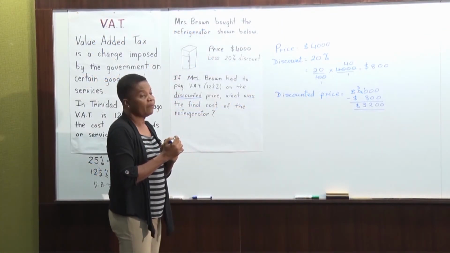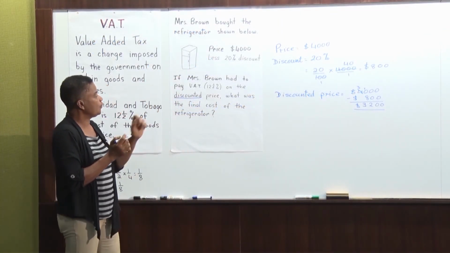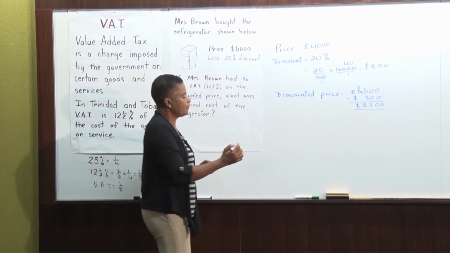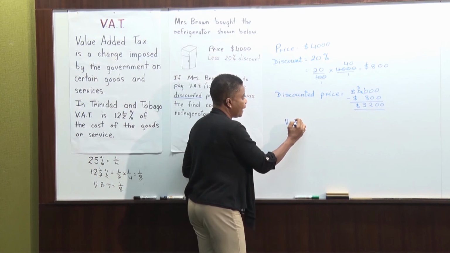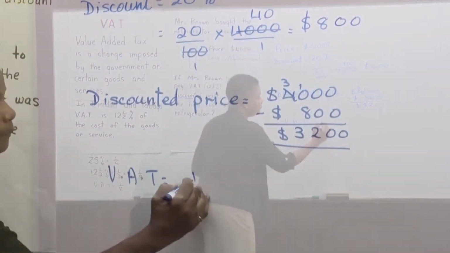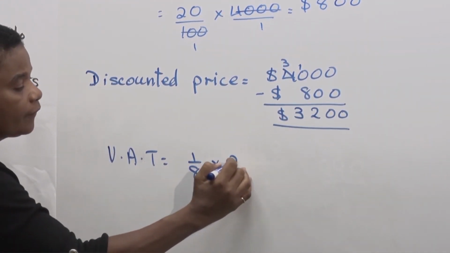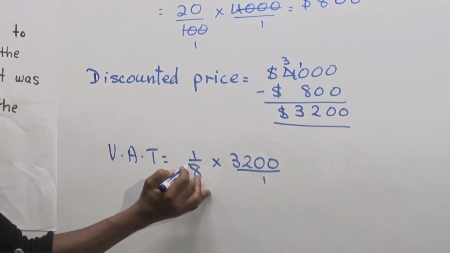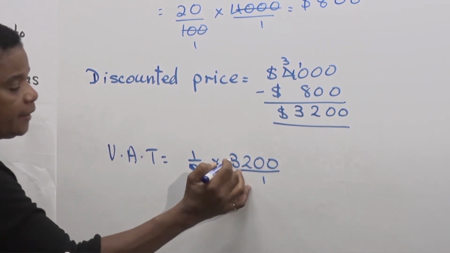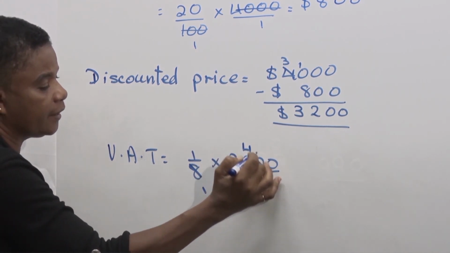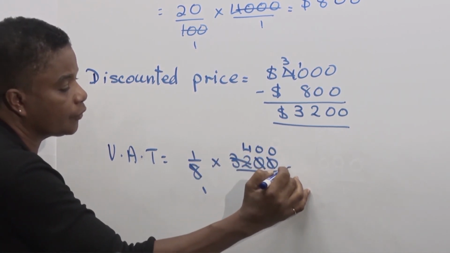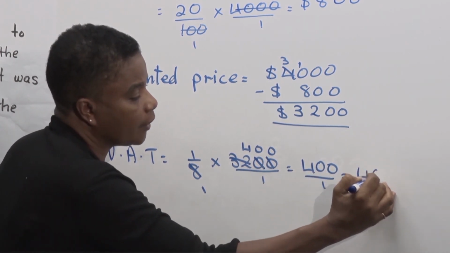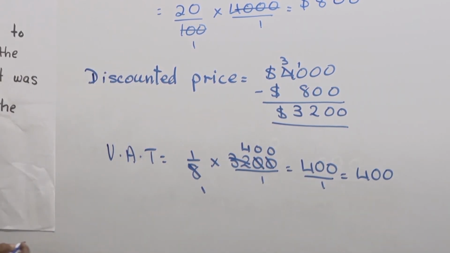$3,200. Our sum is not finished. She now has to pay VAT on the discounted price. So let's work out the VAT. The value added tax would be 1/8 of $3,200. 8 into 8, 1. 8 into 32, 4. 8 into 0, 0. 8 into 0, 0. That works out to be $400 VAT.